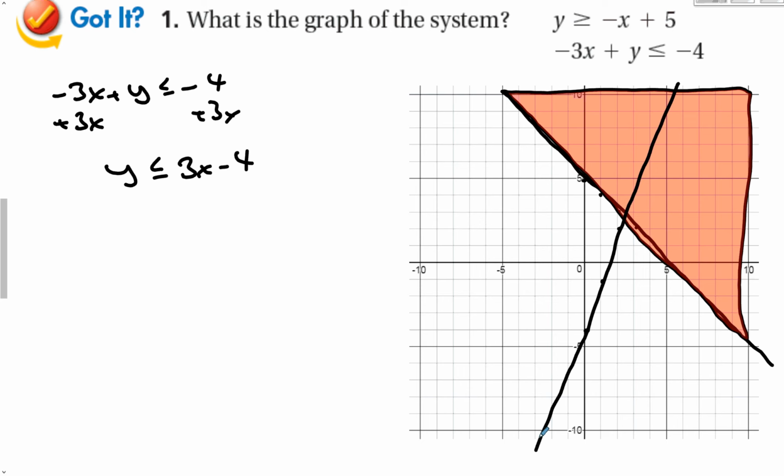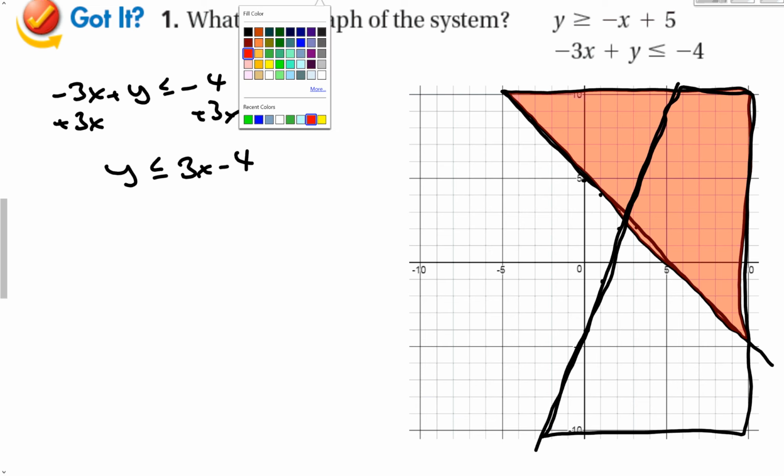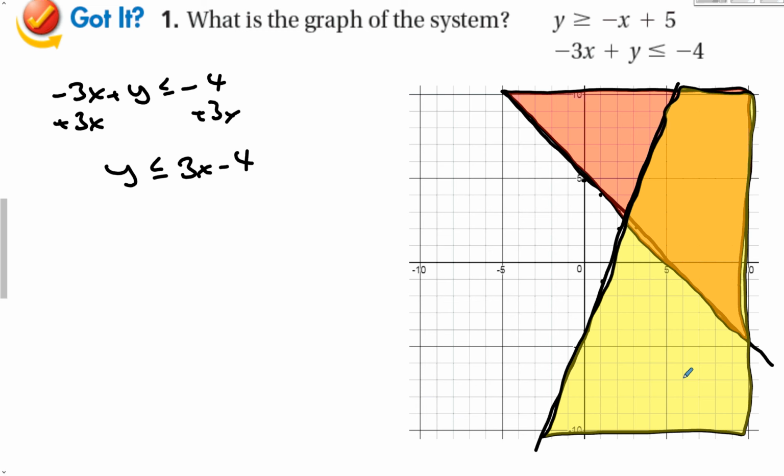And again, I'm going to shade below the line because it says less than. So let's define out my region so I can use my fill tool. I wish I didn't have to draw this twice like this, but that's the way this tool works. And we have our orange region that is the solution to this system.